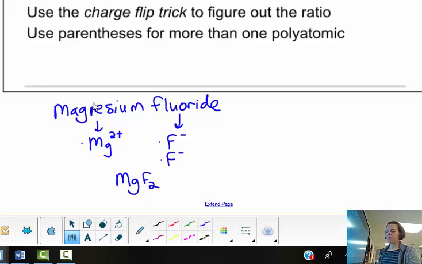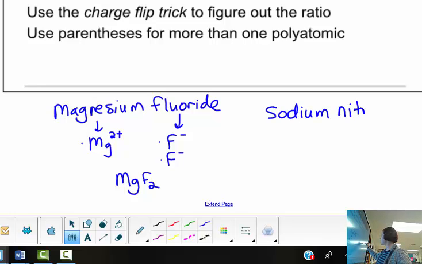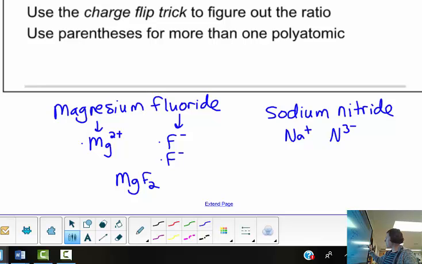Okay. Another example. What if I had sodium nitride? Okay. Sodium I find on the periodic table is Na+, and nitride is N3-.